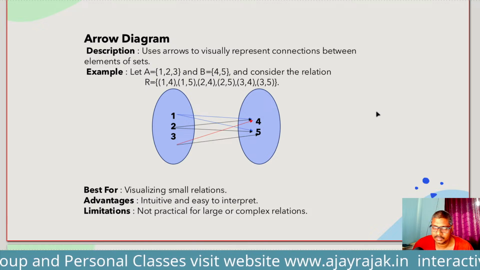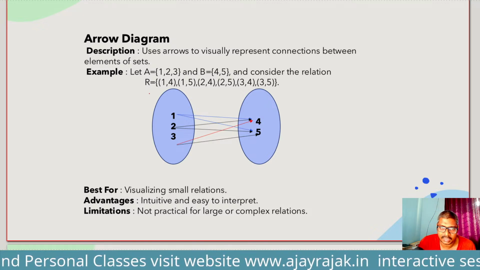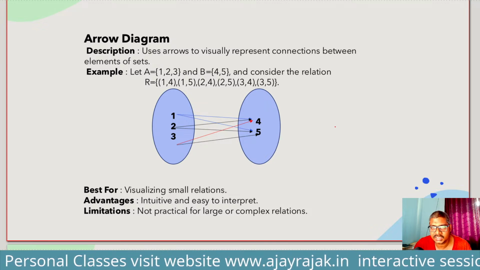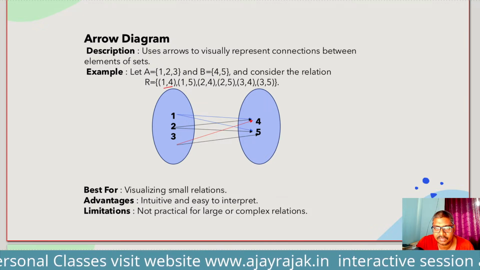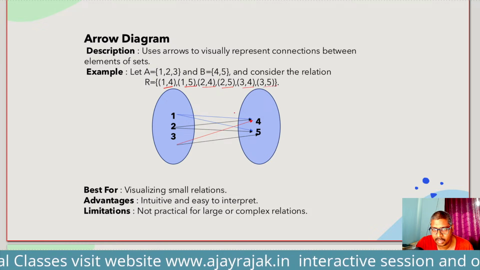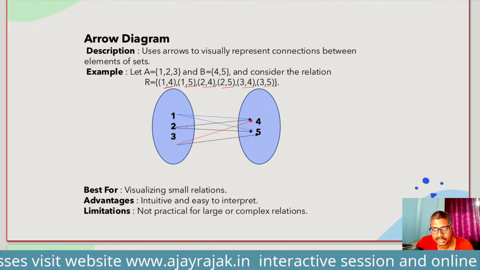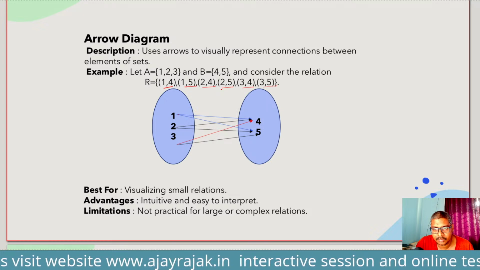Right? Now then comes the arrow diagram. If we have a set A and we have a set B, then we can represent their relation. Suppose a relation is given here: 1 4, 1 5, 2 4, 2 5, 3 4, 3 5. Okay, so 1 is related to 4, 2 is related to 4, 2 is related to 5.